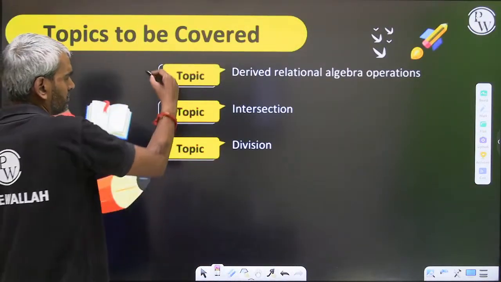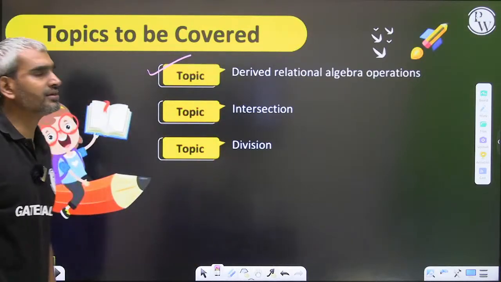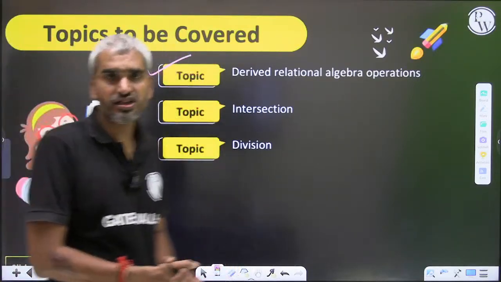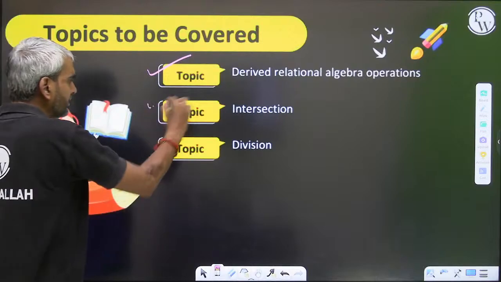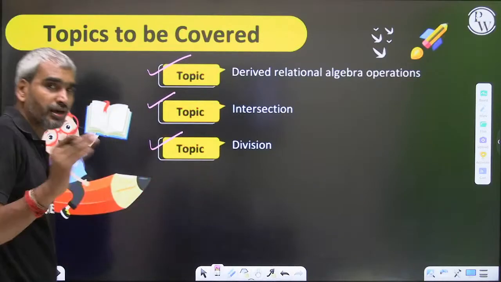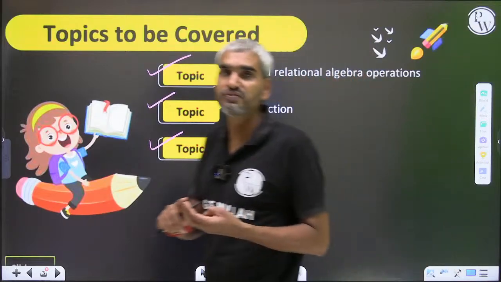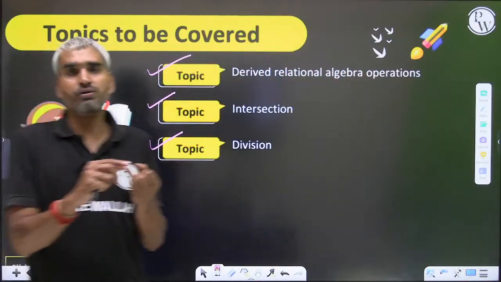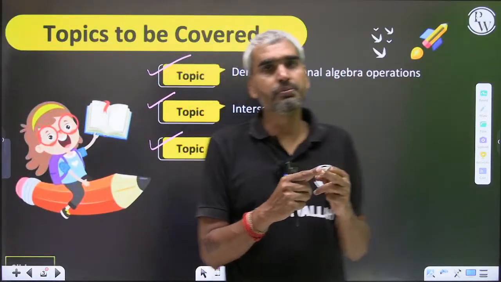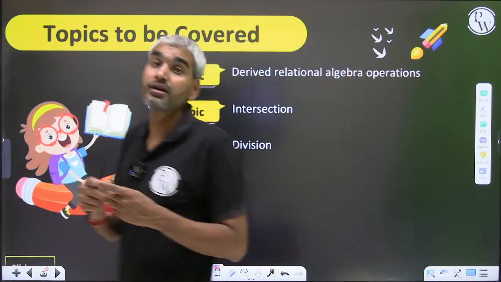We will try to understand what the derived relational algebra operations are: intersection and division. There are three different types of derived relational algebra operations: one will be intersection, another will be division, and the third one will be join.